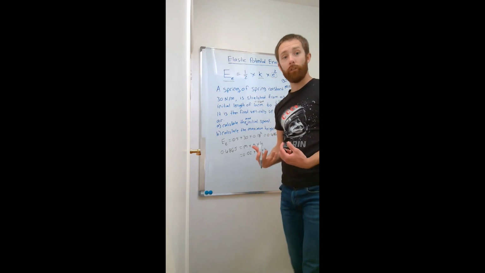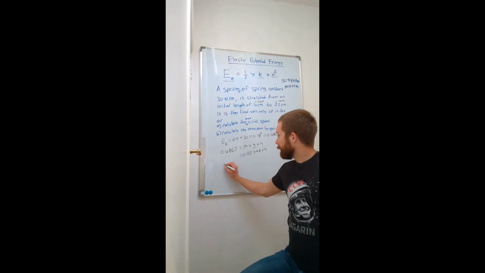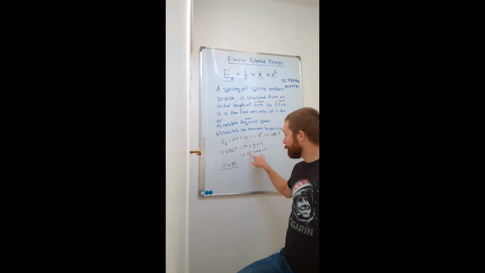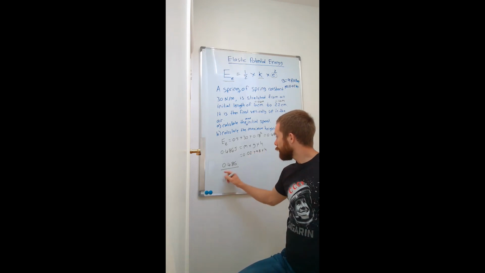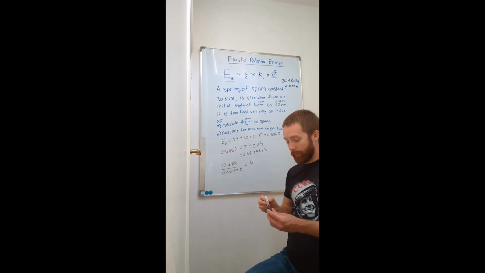Okay, no square rooting or anything in this one. I've got these two are going to come over here, so we're going to say 0.486 over, I'm going to bring both of these down, divide this side by both of these, so 0.02 times by 9.8, and that's going to give me the height, and it's as simple as that.